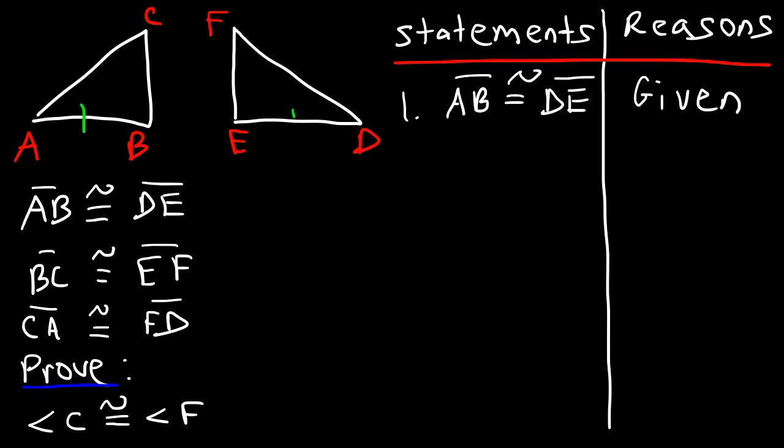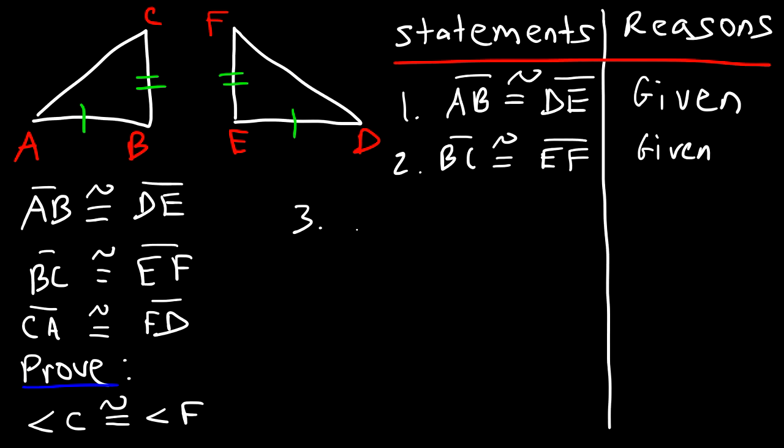So this is AB is congruent to DE. Now in step 2, we could say that BC is congruent to EF. And that's given as well. So here's BC, and it's congruent to EF. Now in step 3, we could say that CA is congruent to FD, and that's also given.